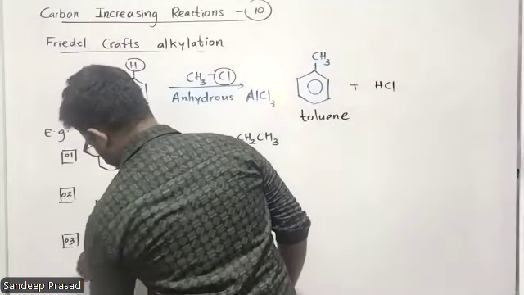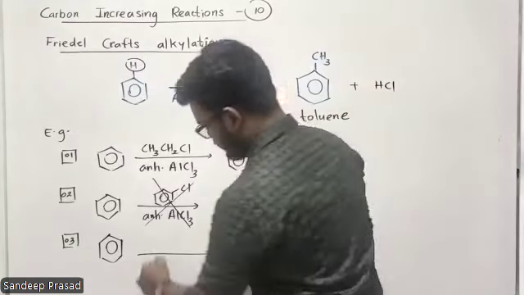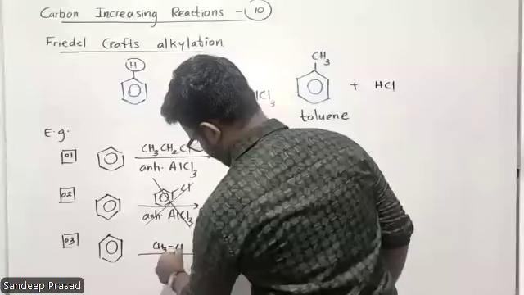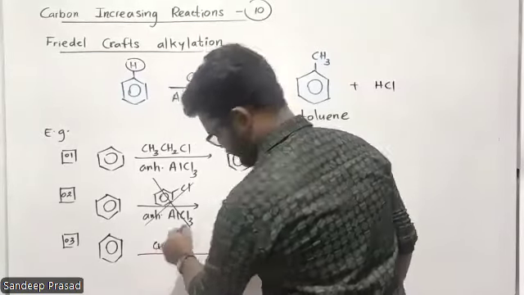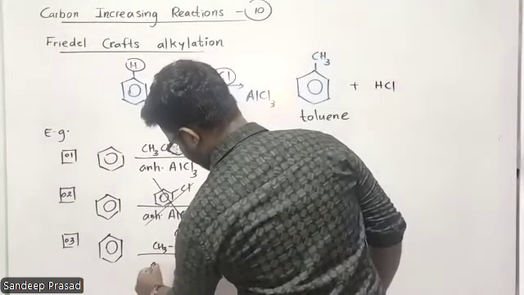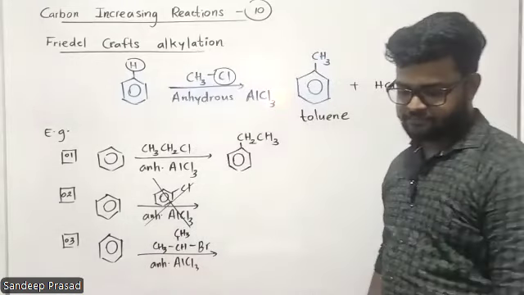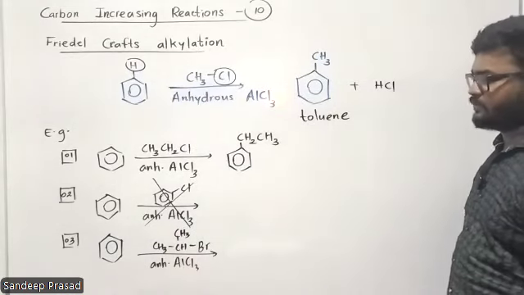Third example, let me consider in this way. CH3, we are adding a compound like CH3Br in the presence of anhydrous aluminum trichloride. What are the products that you can obtain?